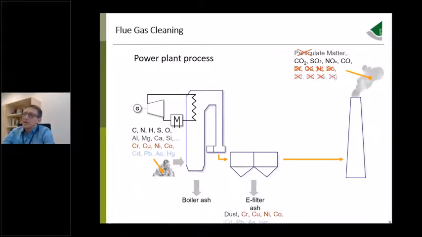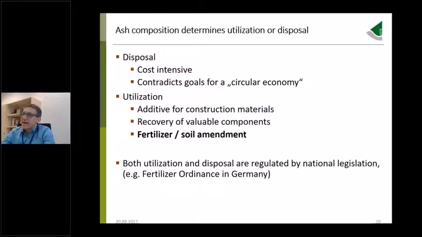So we get ash, which is mainly the minor elements, the ash-forming elements, or the nutrients, as for instance phosphorus. And this ash also contains those toxic elements. So the ash is a mixture of material that we could use for fertilizing purpose, but it also contains toxic elements or toxic metals which we have to dispose.